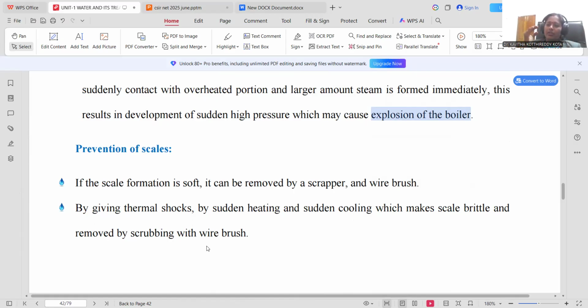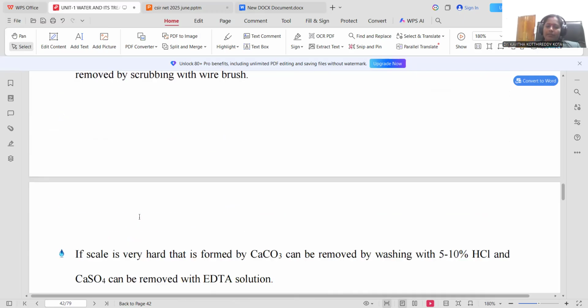Whenever heating reaches an extreme level, you need to cool it immediately. The entire boiler body should be cooled to a lower temperature by quenching, so that the scale present on the surface becomes brittle and immediately detaches from the surface. This is the way thermal shocks are used to remove that kind of scale generated within the boiler.